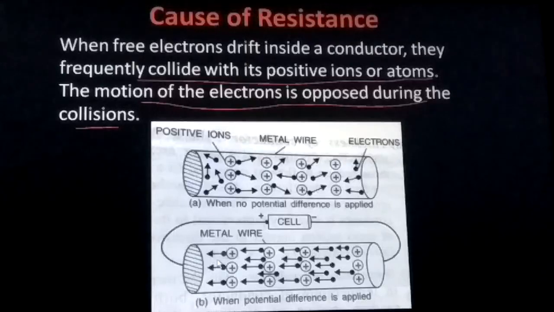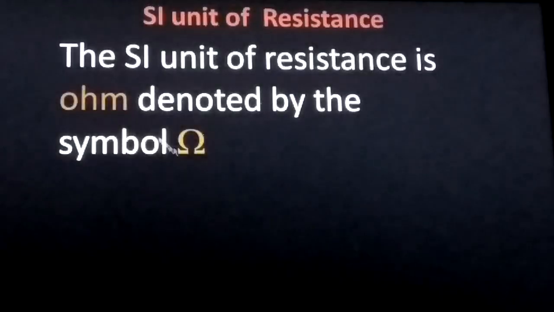So I think you have understood Ohm's law, the definition of Ohm's law, the different formulas using Ohm's law, and the cause for resistance. So that is how the current flows. Now students, the SI unit of resistance is ohm.